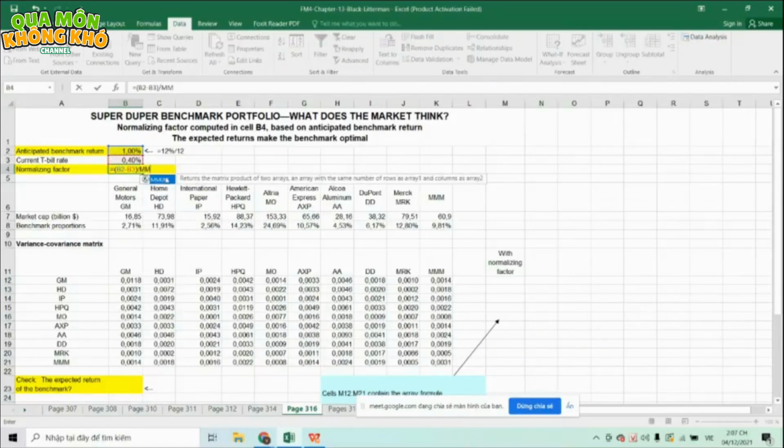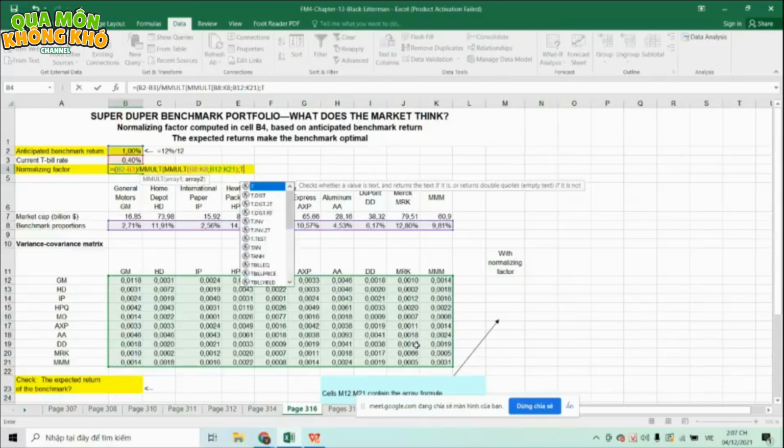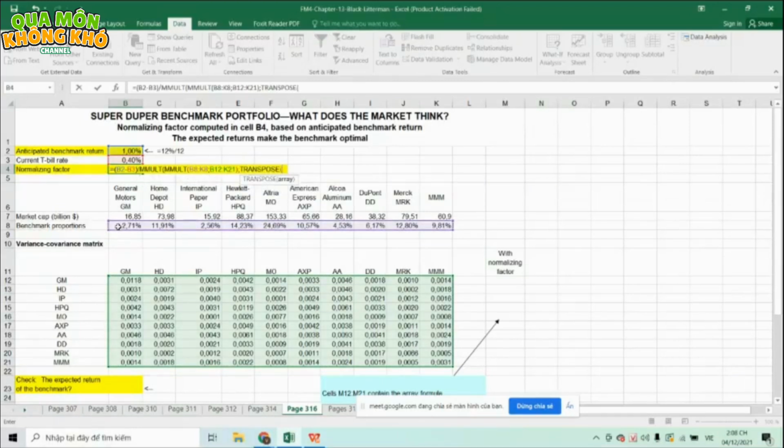MMULT, not the MMULT, of this and this. And then the transpose of the benchmark proportions.